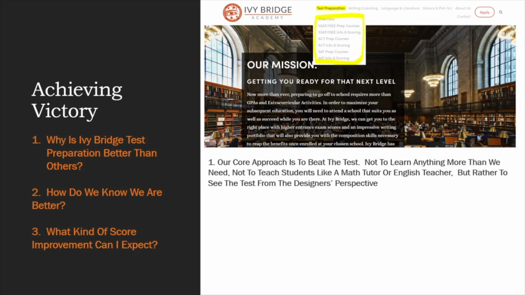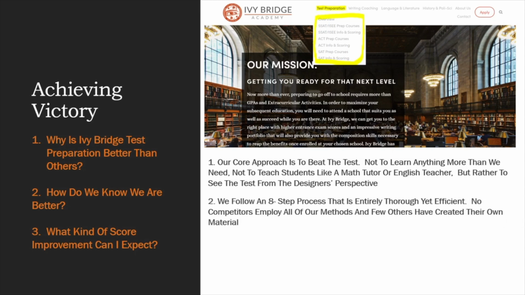It's not to learn anything more than we need. It's not to teach students like a math tutor or an English teacher, but rather to see the test from the designer's perspective. We follow an 8-step process that is entirely thorough yet efficient. No competitors employ all of our methods, and few others have created their own material the way that we have.